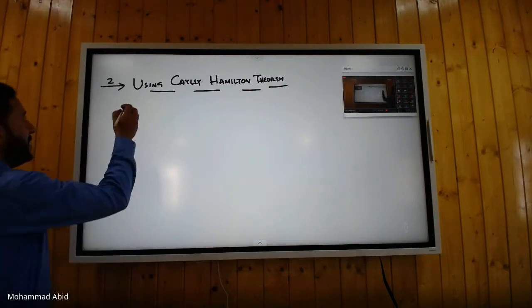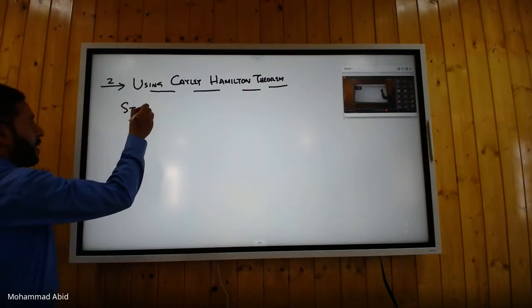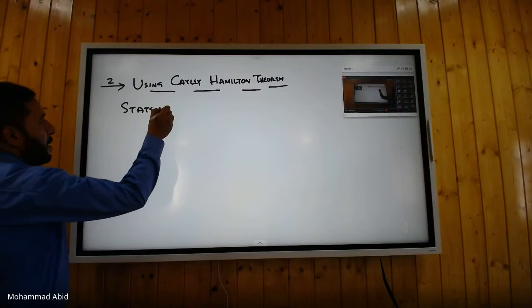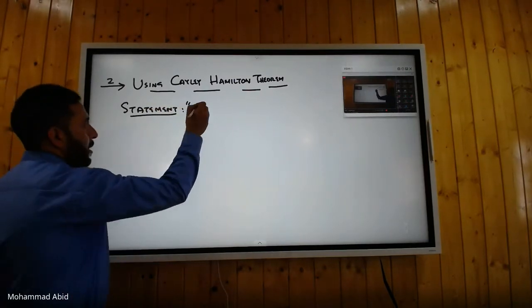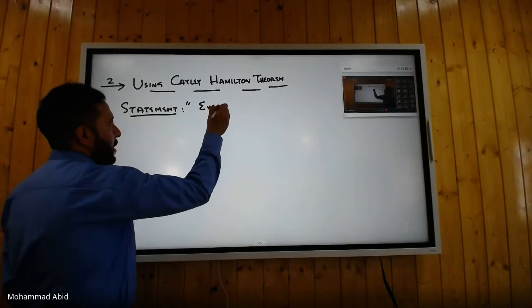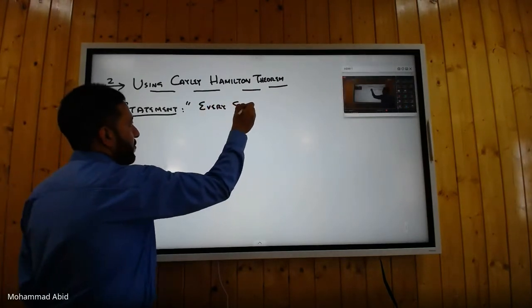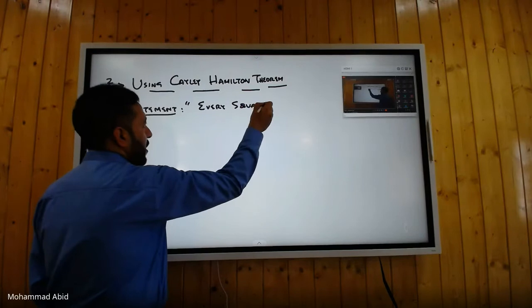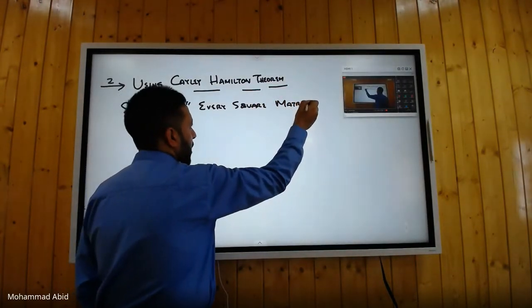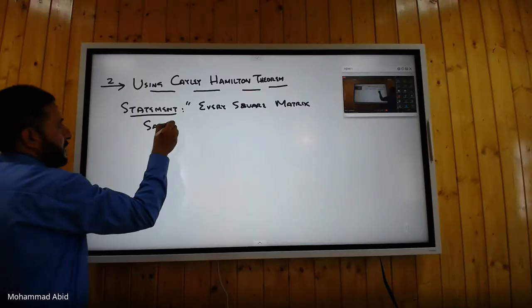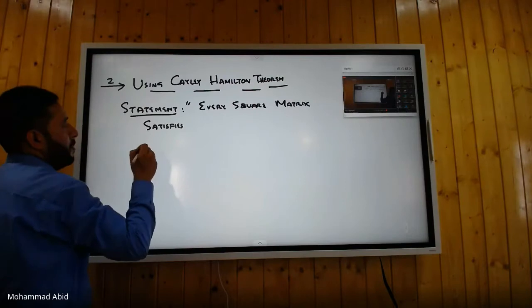The statement of this theorem is: every square matrix satisfies its own characteristic equation, its own characteristic polynomial, isn't it?